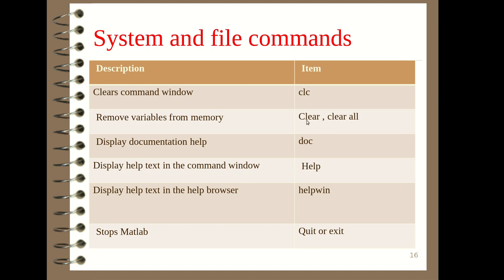However, there are another two removal commands, clear and clear all. Clear means that we clear the variables from the memory, and clear all clears all the variables. So clear removes one or two variables that we have now or later. Clear all removes everything that we saved using MATLAB from the beginning of opening it.